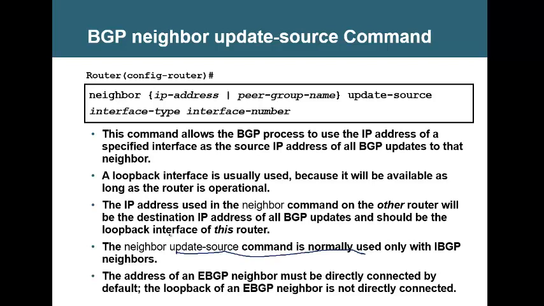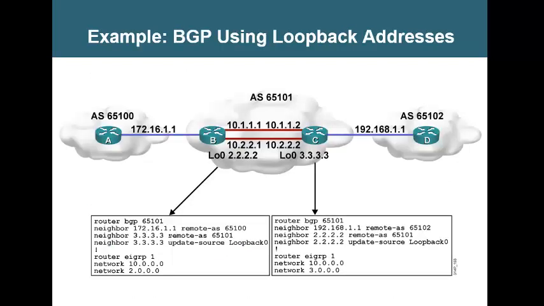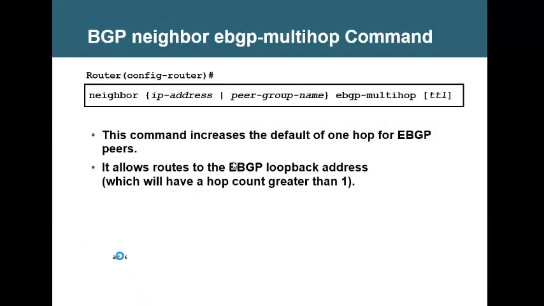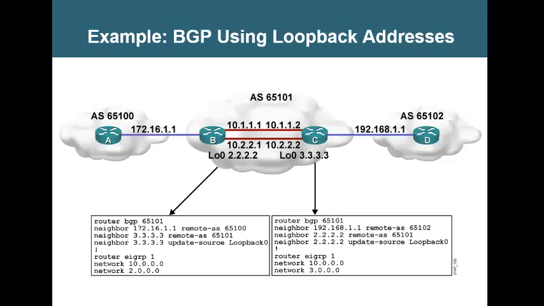Here is one example. Please focus. Router B and C have redundant connection, 1, 2. So we will be forming the neighbor using the loopback address. Here we say 3.3.3.3, and in this router we say 2.2.2.2.